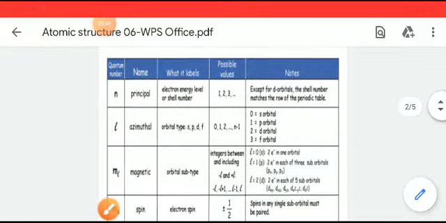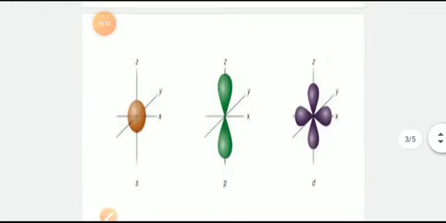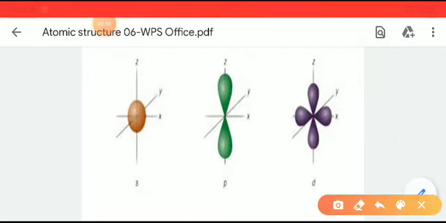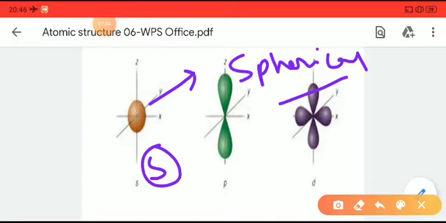Look at this slide, this is the S orbital. Here the shape of this orbital is spherical, so it is named S orbital.